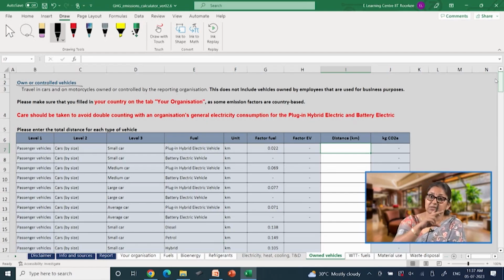Now, there will be a significant change from then to now. The kilometers will reduce for each vehicle, the number of vehicles will reduce, and hence the overall reductions can be calculated. So, this is for owned vehicles, and these are scope 1 emissions because they are direct emissions, from owned or controlled vehicles.